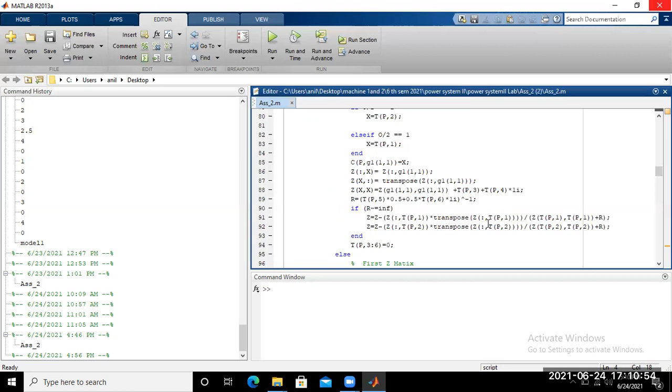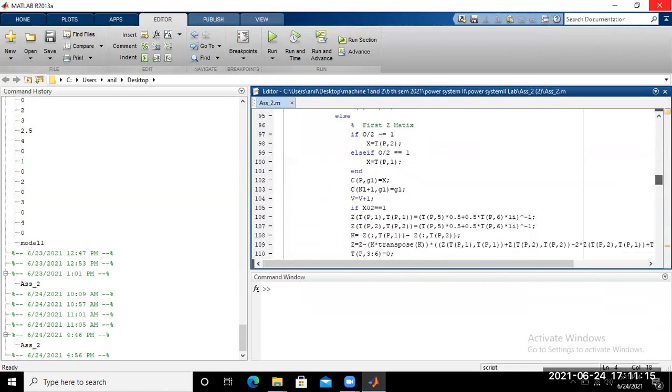Okay, so here if z equal to z minus z, tp2 into transpose of z into tp2 divided by z tp2 comma tp2 plus r. Okay, otherwise next is int. So tp3 6 equal to 0, else first z matrix.